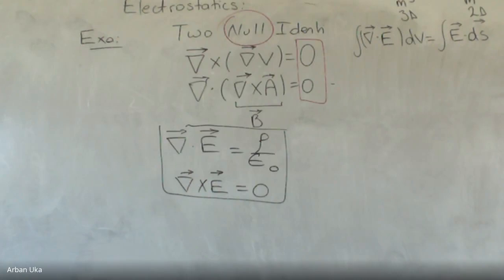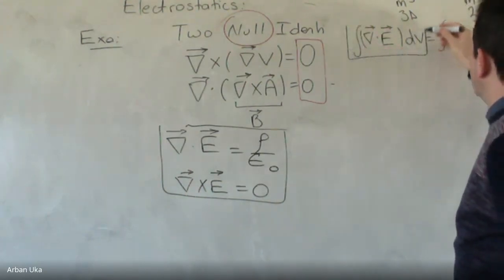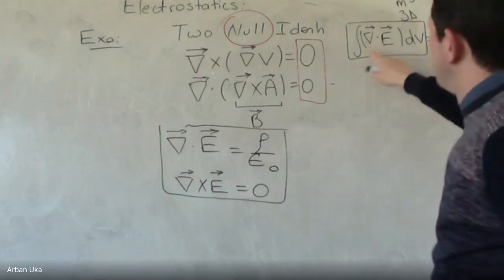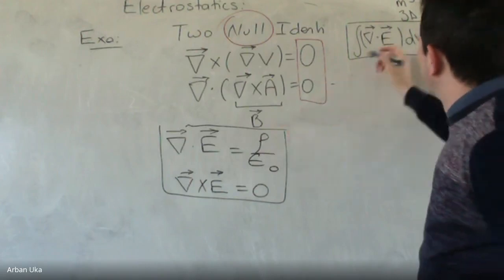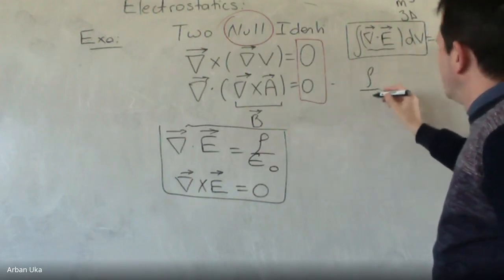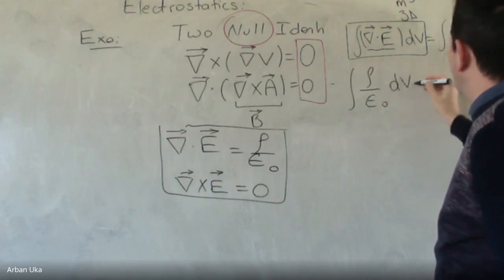And then what we can say from the first part that we observed here is that instead of this term, we can write rho over epsilon 0, integrating over a volume.